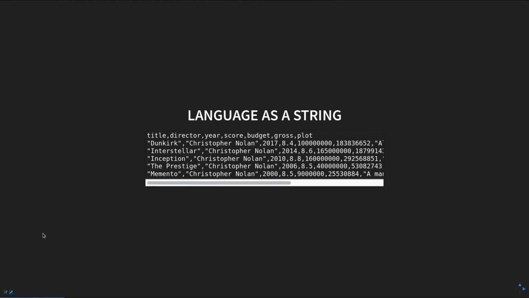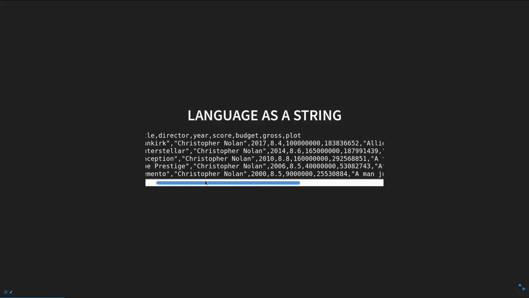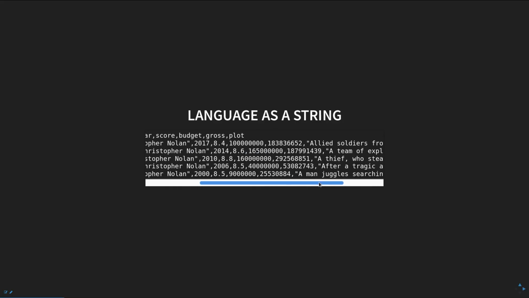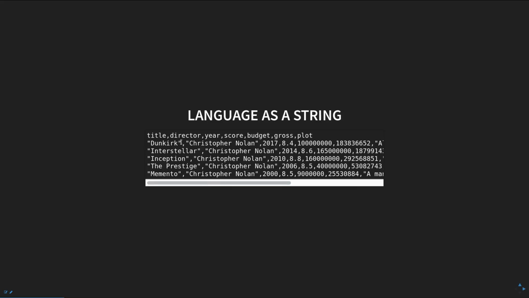So how do we represent language? Usually for representing it in a certain data set, for example, this CSV with movie information, it usually shows up as a string, as we call it. And a string is a piece of text that is captured between these quotes here. Now, it can vary from a single instance, like the movie title here.